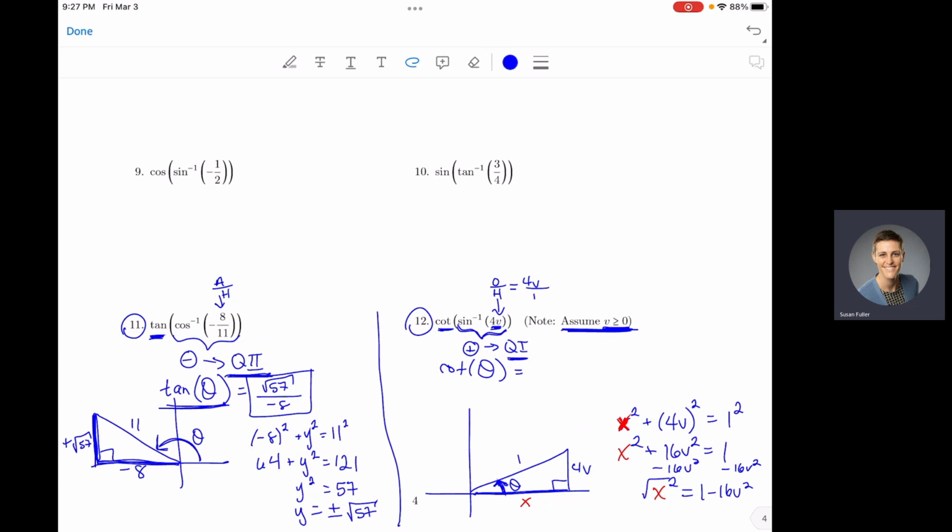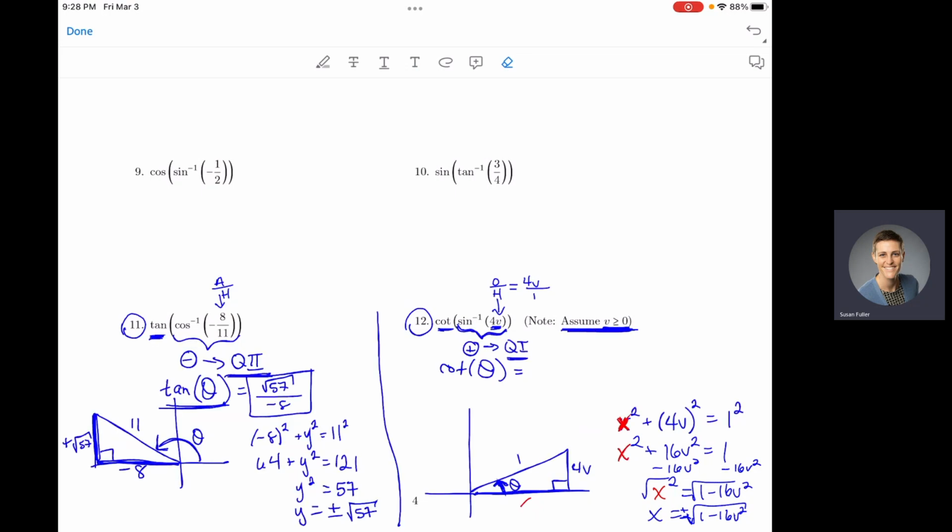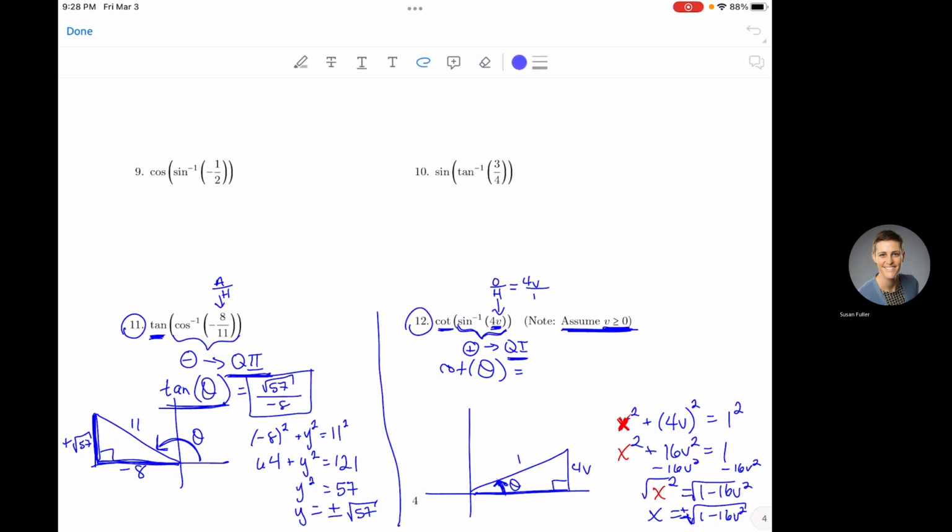To get the x by itself, I'm going to take the square root of both sides. And x is plus or minus the square root of 1 minus 16v squared. Is this x going to be plus or minus here? Well, this is in quadrant 1.